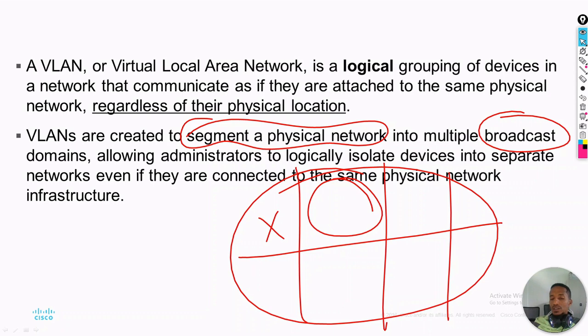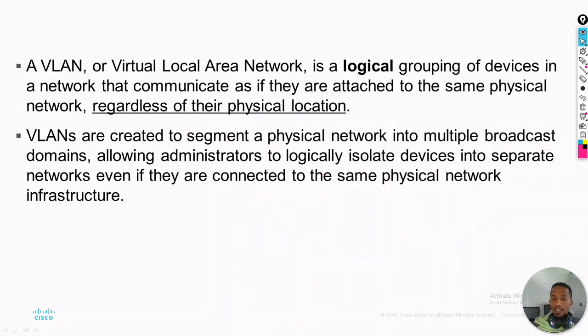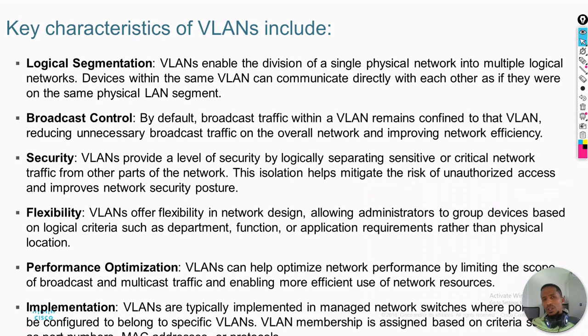So the broadcast message will be limited to that area. Broadcast messages will not be sent to every PC in the network. They will be sent only to the limited members of that VLAN, or virtual local area network. So it's a logical separation of devices. The devices will be logically separated into different networks, even though they are on the same physical network.